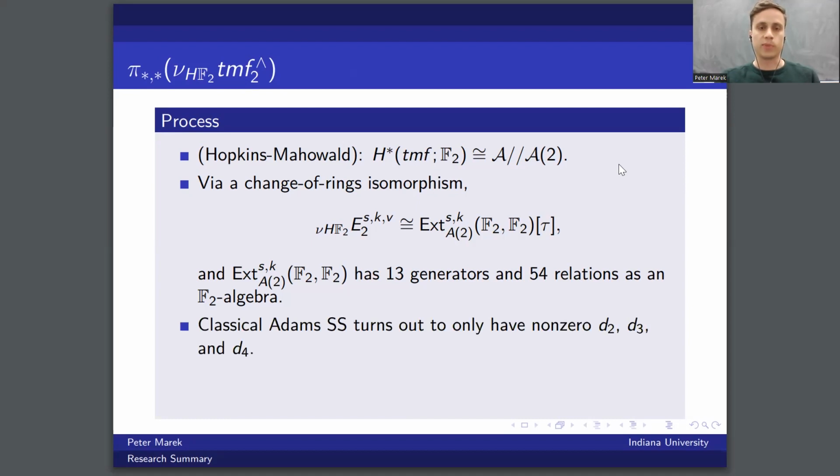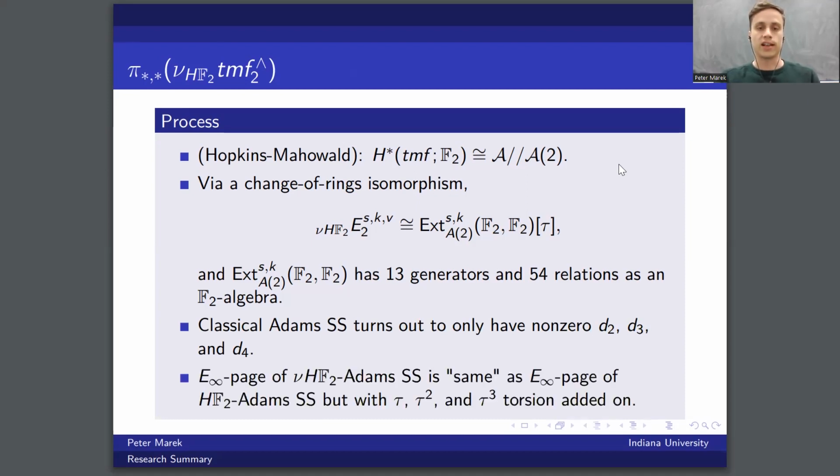And then the Adams spectral sequence that you perform, the classical Adams spectral sequence for tmf, turns out to only have d2s, d3s, and d4s. So synthetically, what this means is when you get to the E infinity page of your calculation, it's going to look essentially the same as the classical one, but now you're going to have tau squared and tau cubed torsion added on top of the classical stuff.